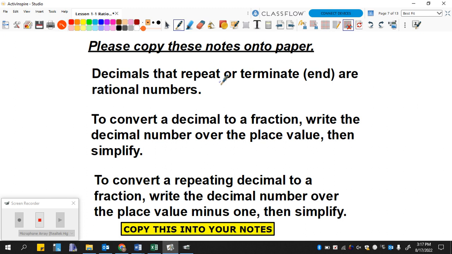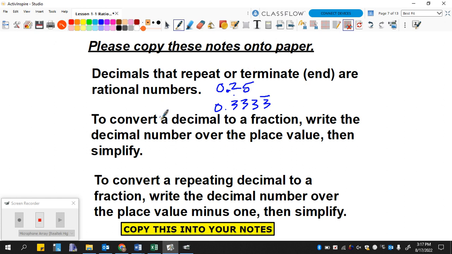So 0.25, that is, it ends. 0.25 ends, so it's a rational number. It terminates. If I have 0.3333 and it keeps on going, that means that it repeats, so that also means that it's a rational number.